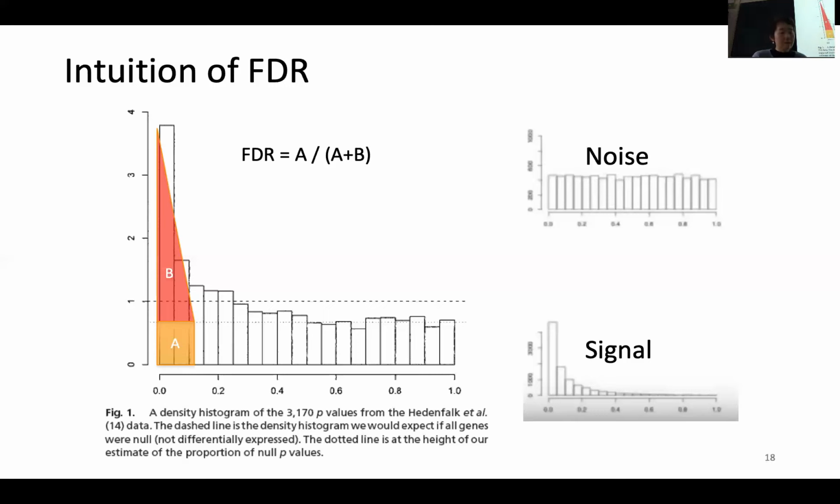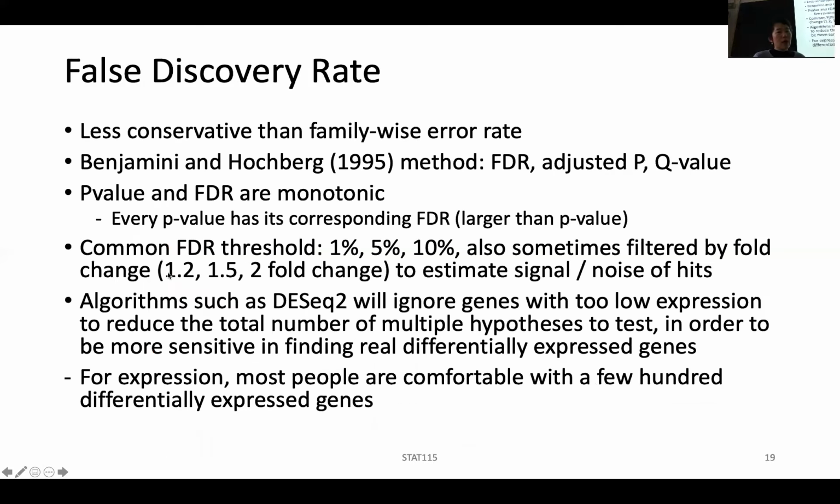Okay, that's FDR. There is a one-to-one correspondence. Basically, at every p-value cutoff, you can estimate A divided by A plus B. And the FDR value is always higher than the p-value, because the p-value is whatever cutoff you have, but below that there is always something that is fake.